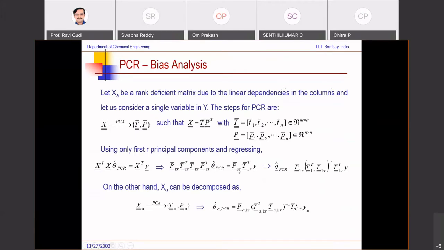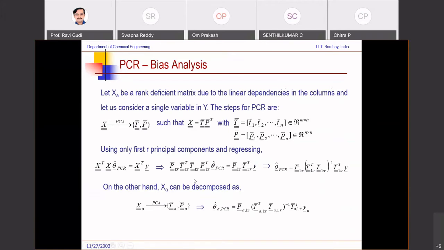When I simplify it, my estimate theta is P, which is my loadings, times the inverse of T transpose T from the first R values, times T transpose Y. Since all the T's are linearly independent, this is a relatively better conditioned problem than using X transpose X. So that becomes a much better conditioned problem, and I get a robust estimate of my theta. So very simply, if my X is collinear, I can use PCR, principal components regression, to perform my regression problem.